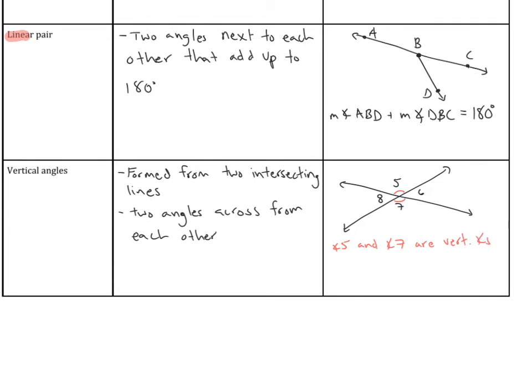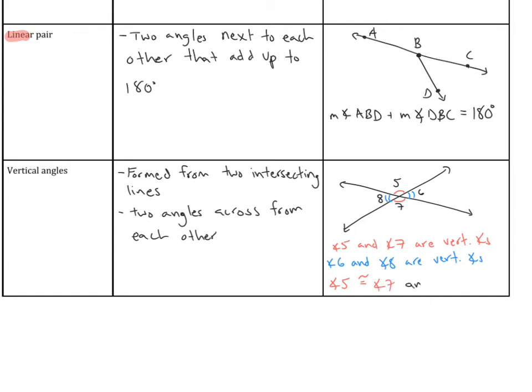And you'll notice that we actually have another pair, and that is angle 6 and angle 8. Now, one really important consequence of vertical angles is that they are congruent. So what this means is that angle 5 is congruent to angle 7.